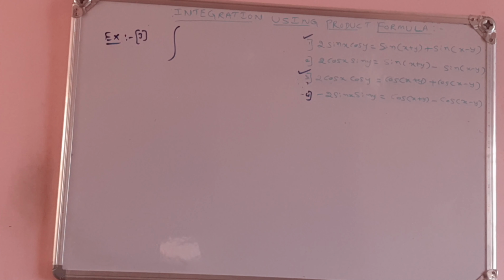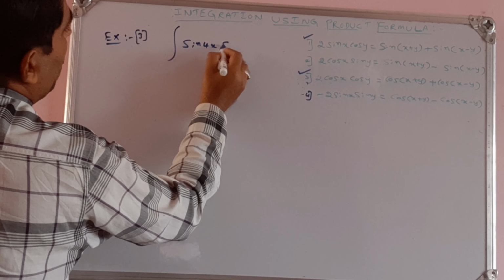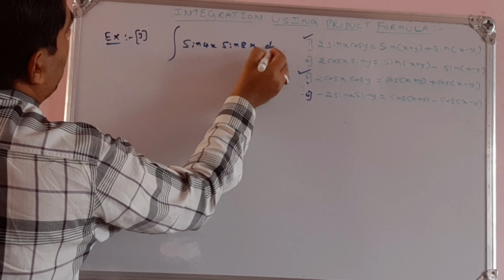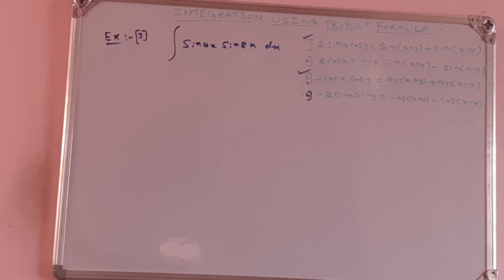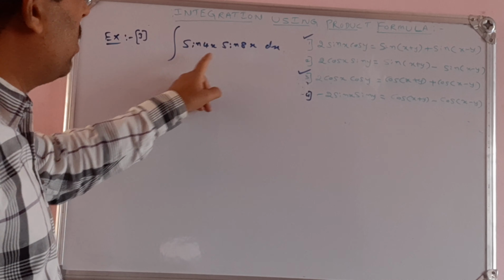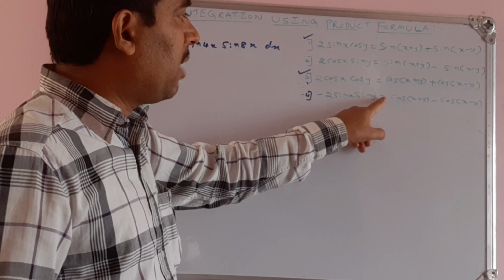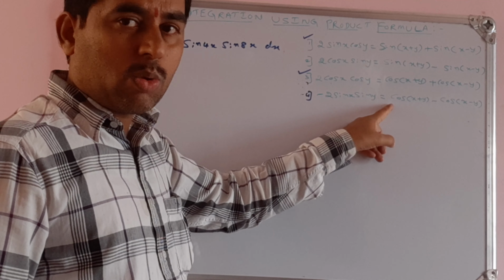So integrate sin 4x sin 8x. Observe this, sin 4x, sin 8x. See, product of sin into sin, sin x into sin y. So sin x into sin y can be written as, we bring this minus 2 to the denominator.